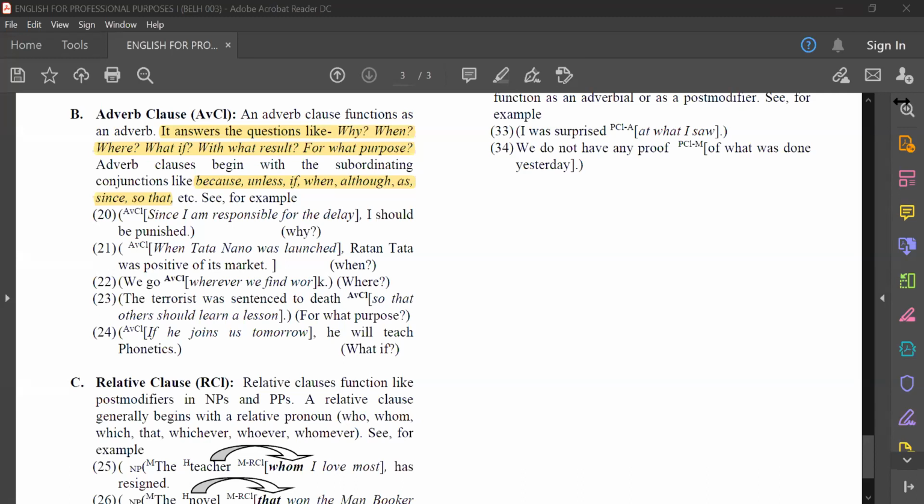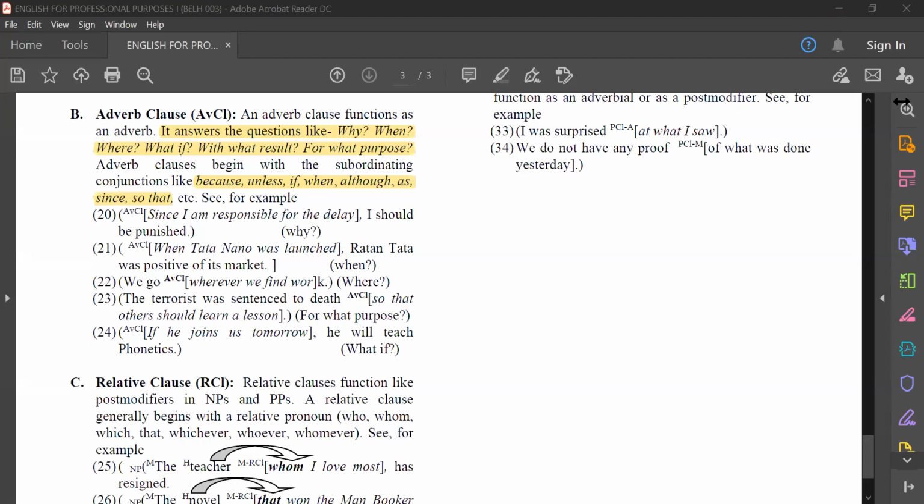So for adverb clauses, you have to check why exactly that particular clause has been mentioned. If it addresses any of these questions, why, when, where, what if, what with, what result, for what purpose, then you are adding an extra clause, a dependent one of course, which just gives a reference to the main clause, "I should be punished". It's nothing like the phrases, where we identified phrases based on the head.